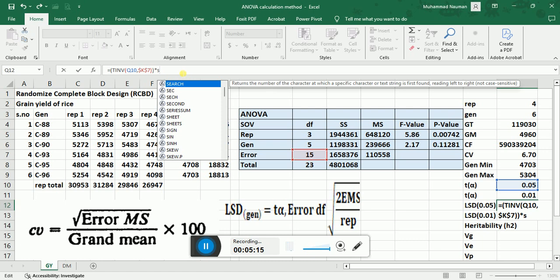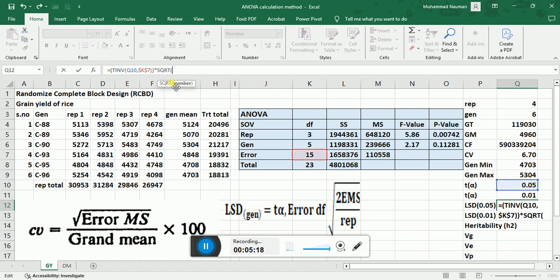Square root sqrt, double click, type 2, multiply by, type star, error mean square, here is error mean square, close the bracket, close this whole entry in one bracket, and divide by number of replications.